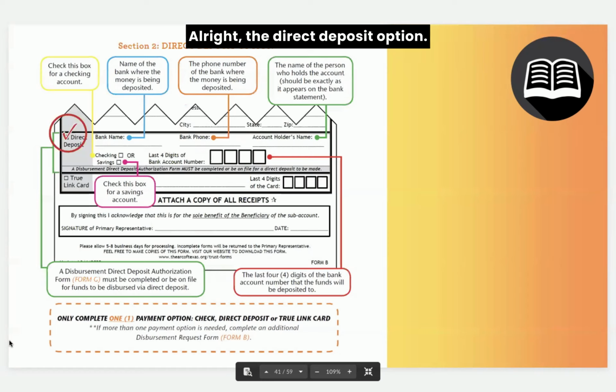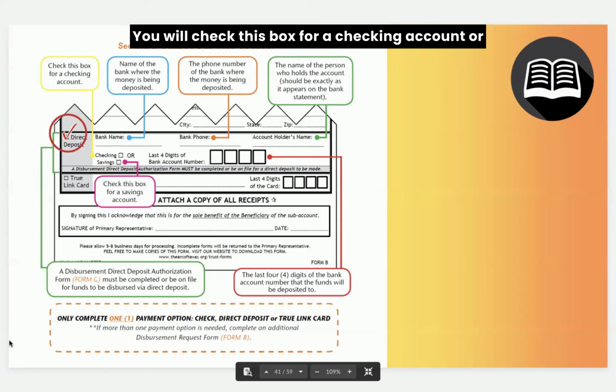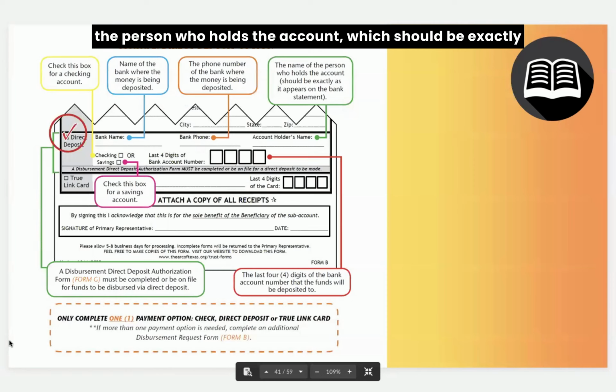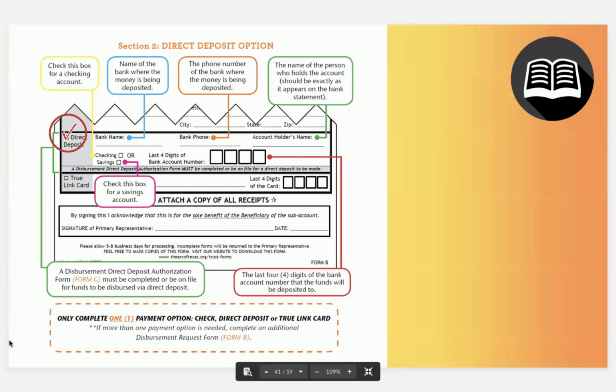All right, the direct deposit option. You will check this box for a checking account, or you can check the box for a savings account. You must include the name of the bank where the money is being deposited, the phone number of the bank where the money is being deposited, and the name of the person who holds the account, which should be exactly as it appears on the bank statement.